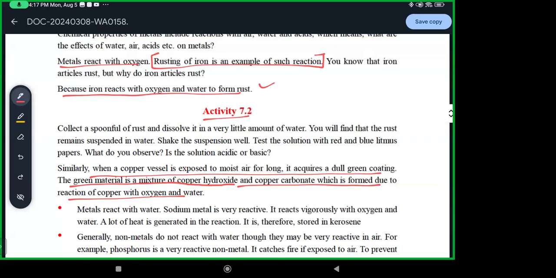We used to pick them up with small tongs and throw them in the sink, and it used to produce a very small fire and a popping sound. We used to play with it in between the classes.